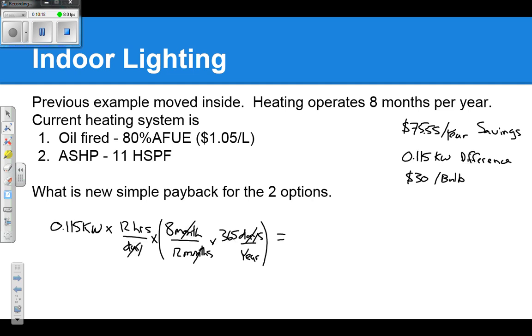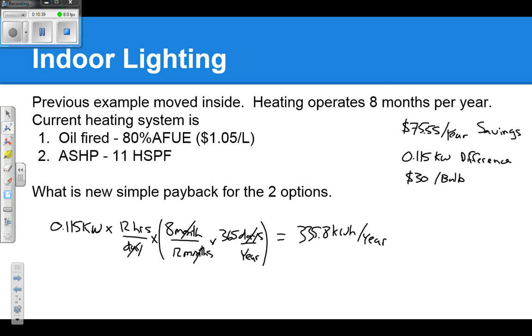So we'll do the math: 0.115 times 12 times 8 divided by 12 times 365 is 335.8 kilowatt hours per year.